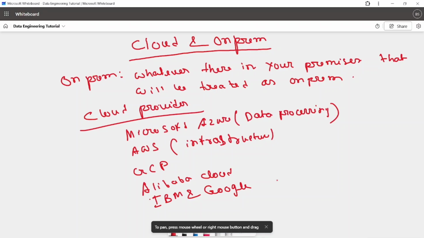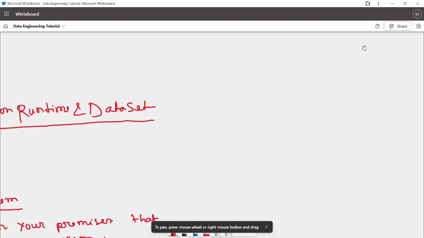So there are three different types of cloud deployment model. Now we'll see what the different types of cloud deployment model are. This is also very important, guys, to know.